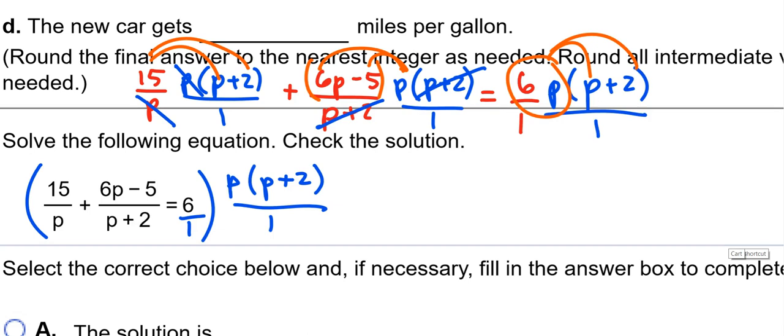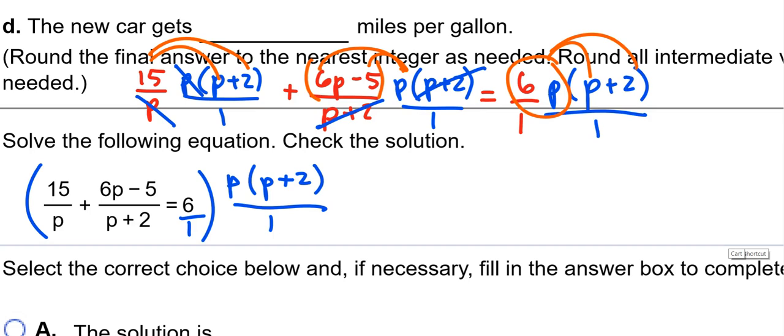First one, 15p equals 30. Good job. Okay, you get the next one, 6p squared minus 5p. Good job. All right, that's where it is.